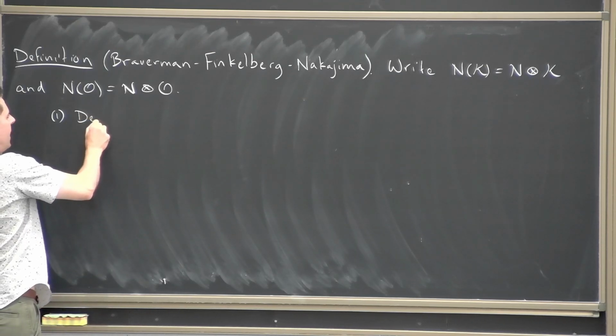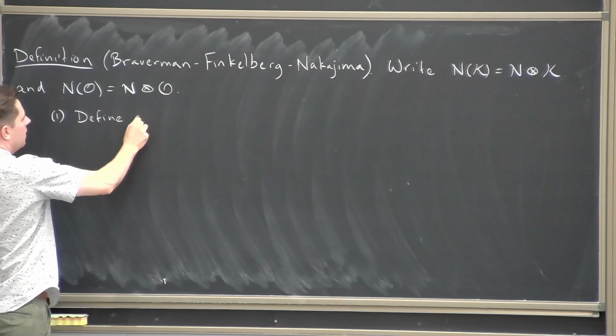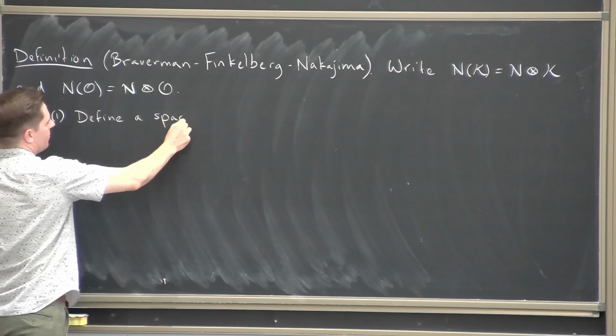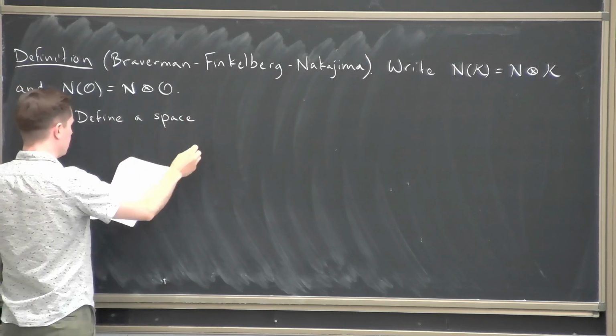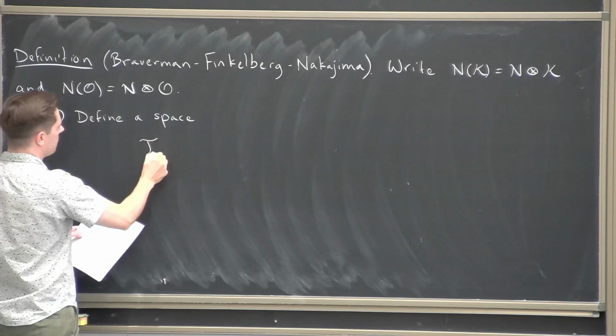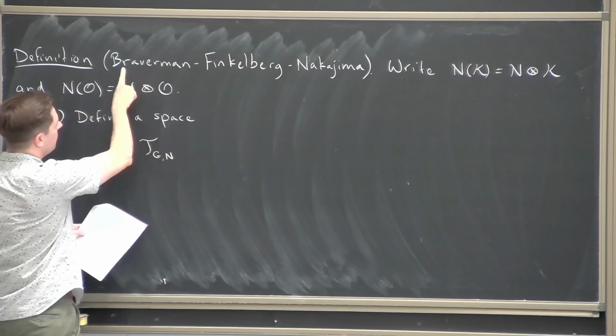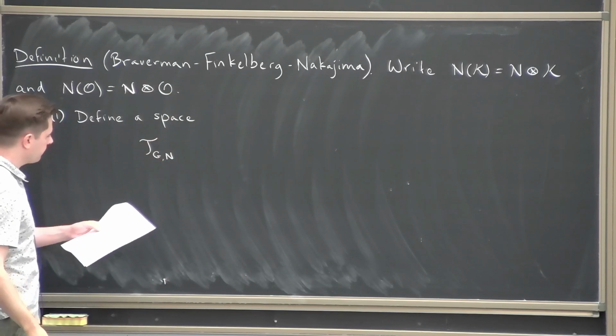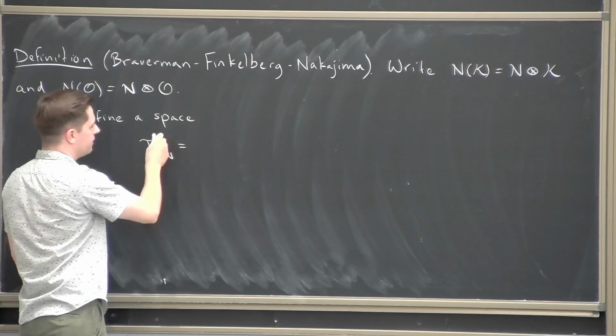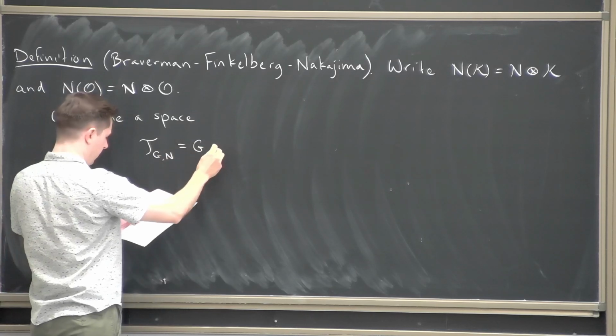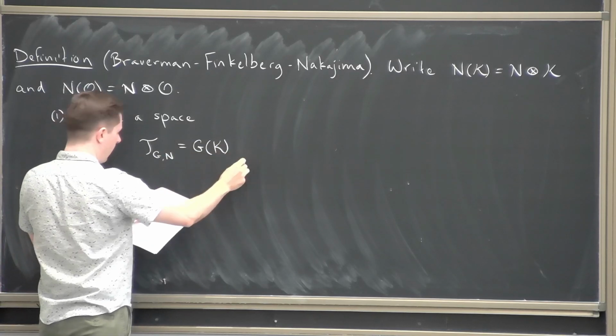We'll define a space. This one doesn't exactly have a name, but it's denoted T_{G,N} in this paper. And it's defined like this. It's this kind of product here.